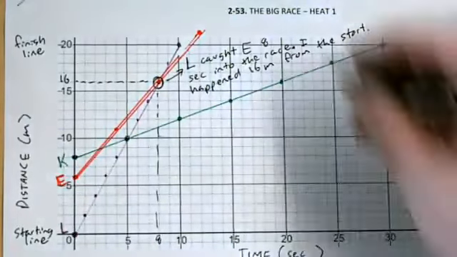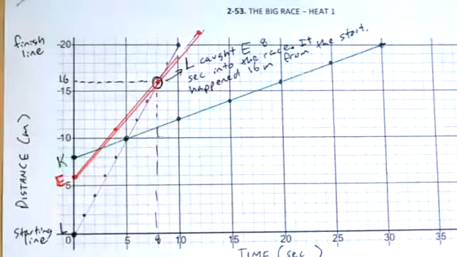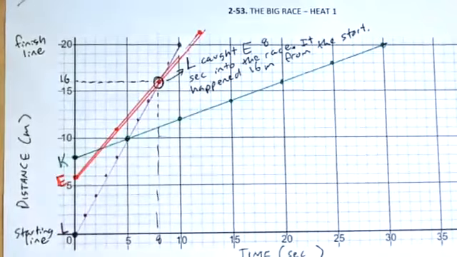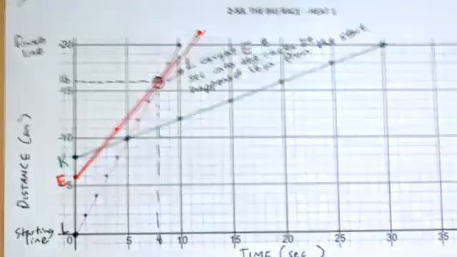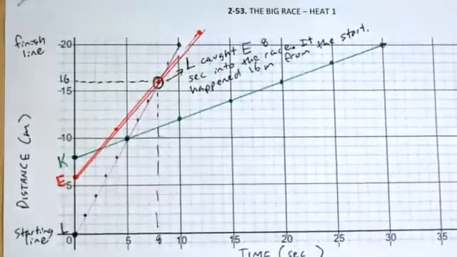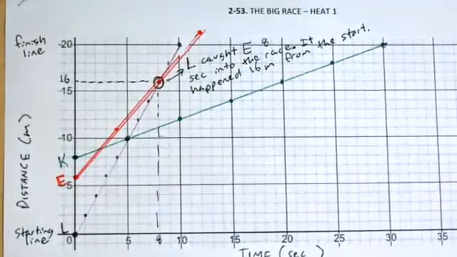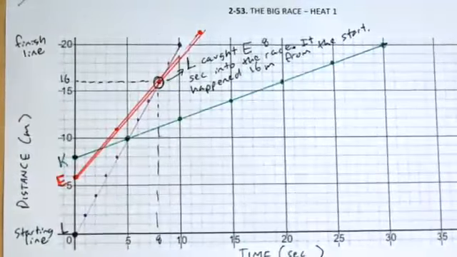I meant to say it happened 16 meters from the start. All right, that takes care of part B. Part C. Who won? Leslie won? How can you tell Leslie won?